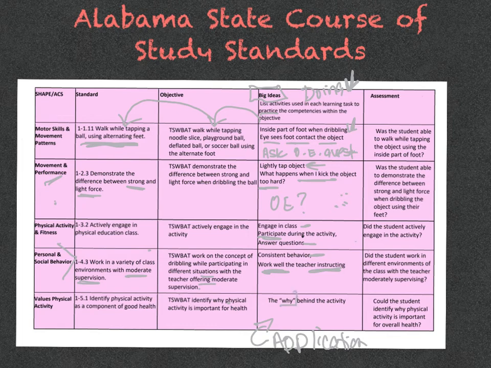Okay? And then the last big idea for Anchor Standard 5 is value physical activity. This is the why. We tell them how to do it. We're easily showing them the how, but we want to ask them why. Why are they doing what they're doing? Why is the ball moving too fast? What should we do? We need to apply light force. Why is the ball not going far enough?